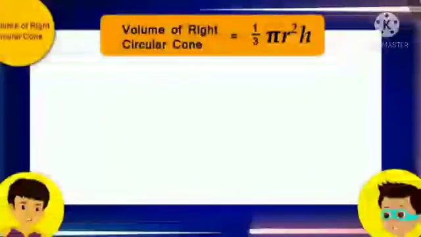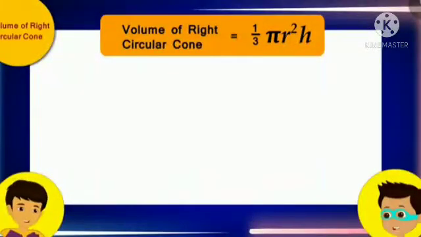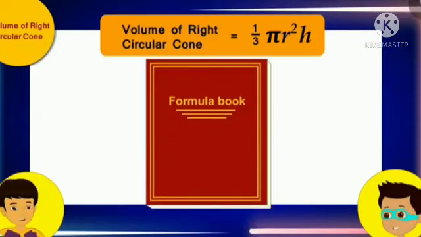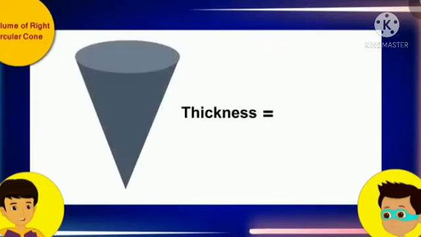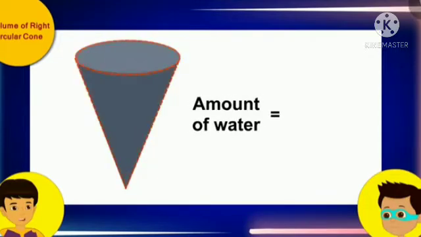Hey, wow! Manas, let me quickly write the formula for the volume of a right circular cone in the formula book. Thomas, because the thickness of your conical vessel is very small, we can treat it as negligible. The amount of water that is held in this conical vessel will be equal to its volume.